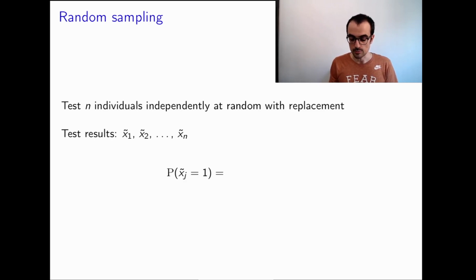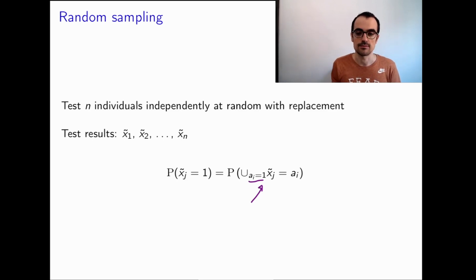Okay, so what is the probability that a person that we pick at random actually has COVID-19? This is the probability of the union of the events that we have picked someone with COVID-19, right? It's the union over all the a_i in the population that are equal to 1, all the people that have COVID-19. What's the probability that we have picked one of them? These are disjoint events, right? Because we either pick someone or we pick someone else.